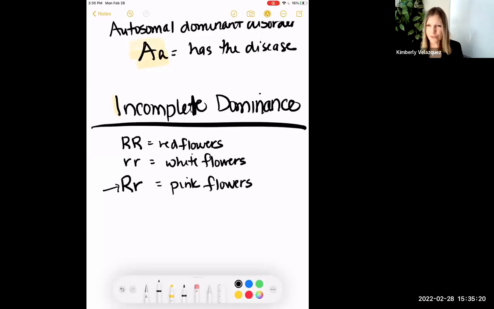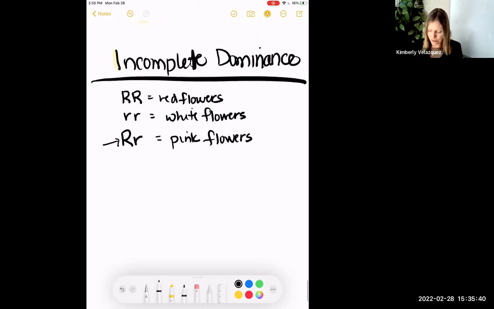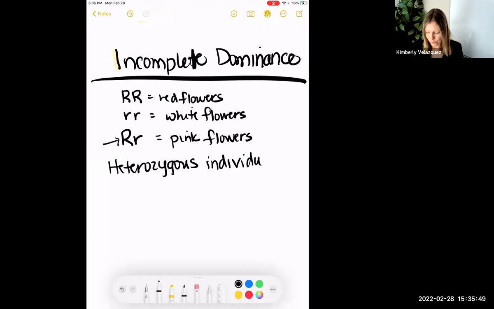In this case, the heterozygous individuals end up with what's called an intermediate phenotype, something that's in between. In other words, both of those genes are having an influence on the flower color. Red is having an influence and white is having an influence. It's almost like a blending of the two. So you end up with an intermediate phenotype. So heterozygous individuals have an intermediate phenotype.